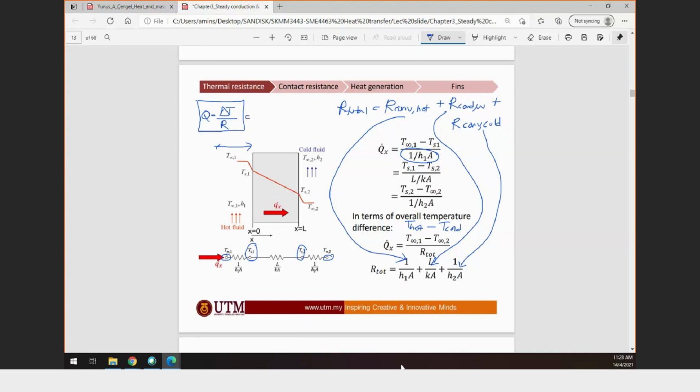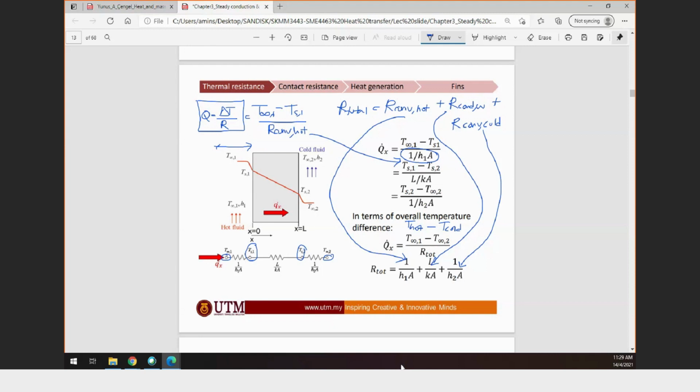Okay, so for this region, the temperature is changing from T surrounding 1 to TS1. So T surrounding 1 minus TS1 equals R due to only the convection in the hot area. So what is the R convection for the hot? Only this.